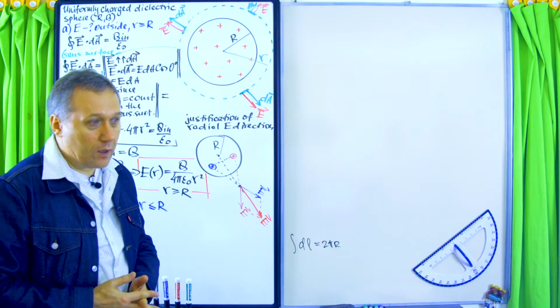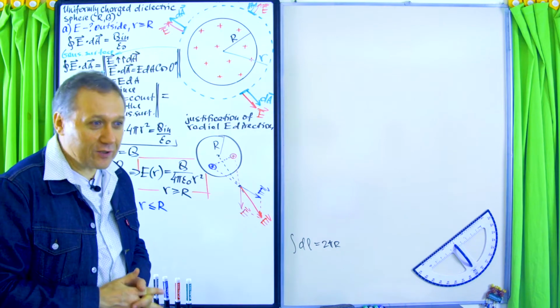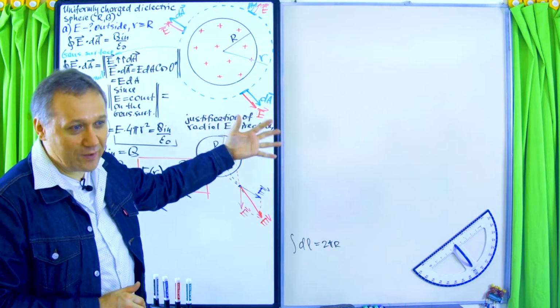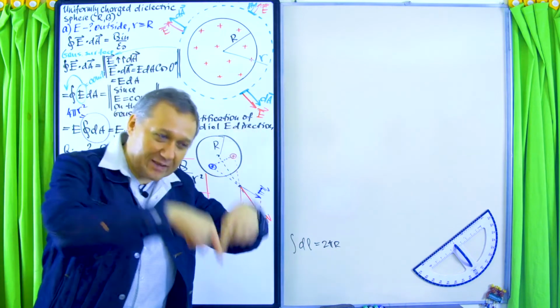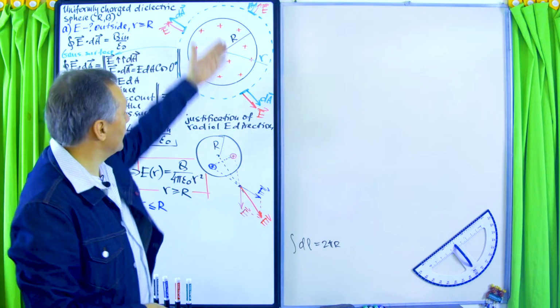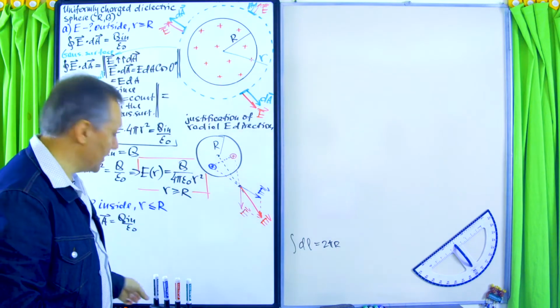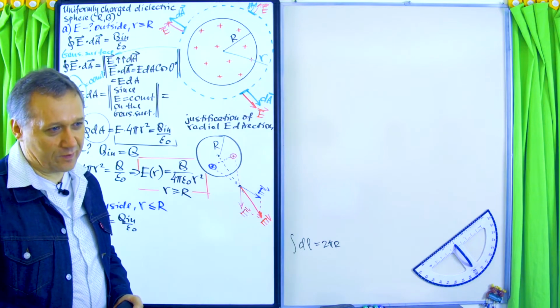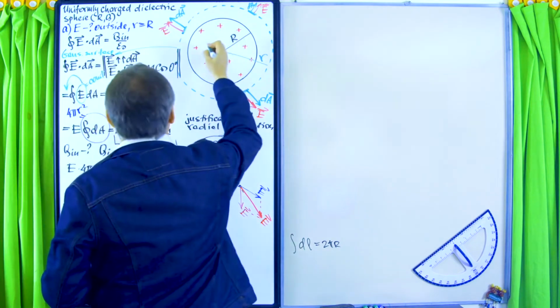So our Gaussian surface must be inside. I don't have to justify that the best Gaussian surface will be another sphere, concentric with our charged sphere, but now inside of our charged sphere.